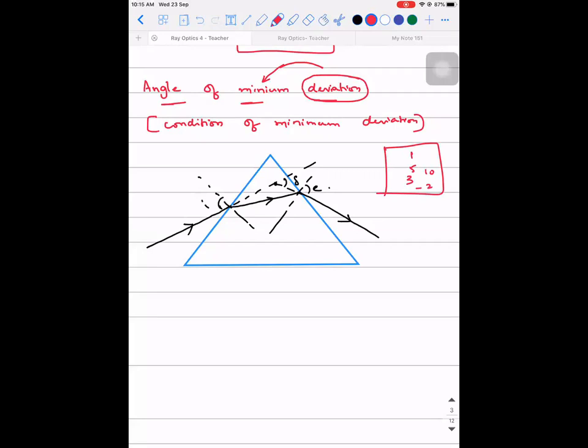What will you say? -2. You will say -2 because you have some data in your hand. In a similar way, when you perform this experiment, my question is, will the value of delta for every repetition you do be the same, or is it going to vary? Are you able to understand my question? I'm not asking whether my angle of deviation is going to be constant for whatever angles of incidence I project the light upon.